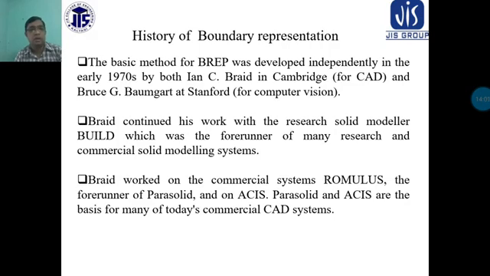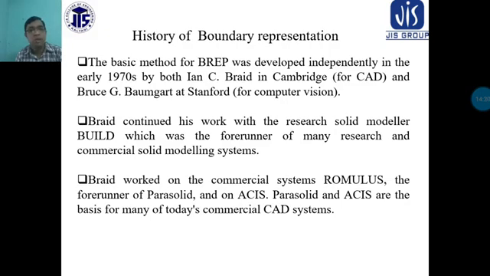This came in the 1970s. Braid continued his work with the research solid modeller.